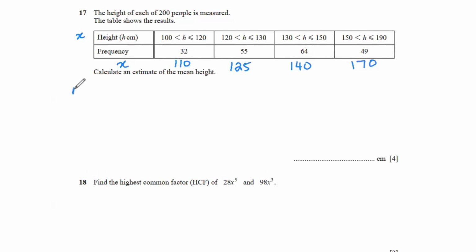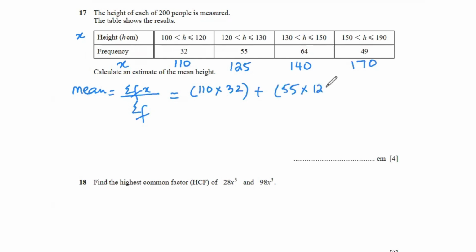So now formula for mean is sigma fx over sigma f. Sigma fx means the sum of the product of f and x values for each interval. So that's going to be 110 times 32 plus 55 times 125 plus 64 times 140 and plus 49 times 170.